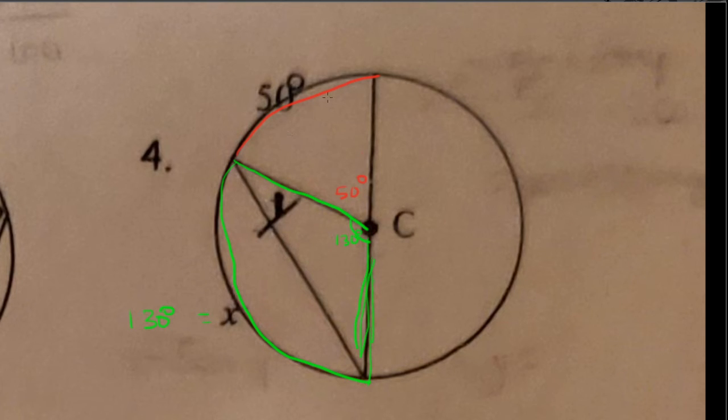Okay. And notice it's because this is a semicircle, right? Because you go down along this line, this whole thing is a semicircle. So this is 50, that means this has to be 130. Okay, so that verifies it there. But so that's x.